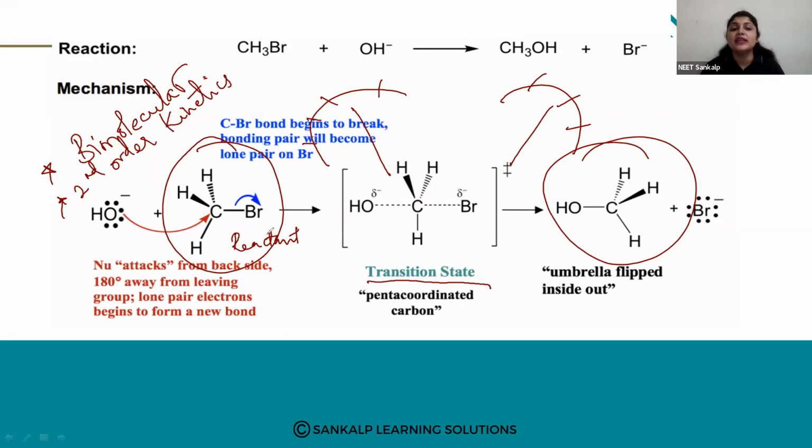What happens in the SN1 mechanism? It shows retention, and in SN2 it shows inversion. So these are the SN1 and SN2 reactions.